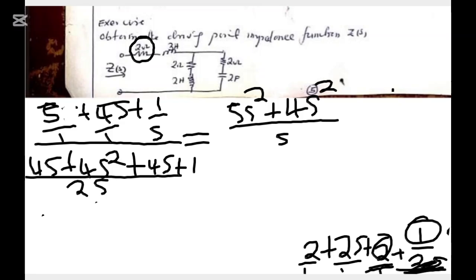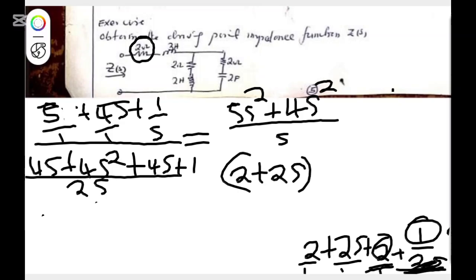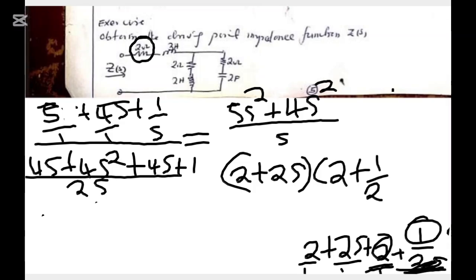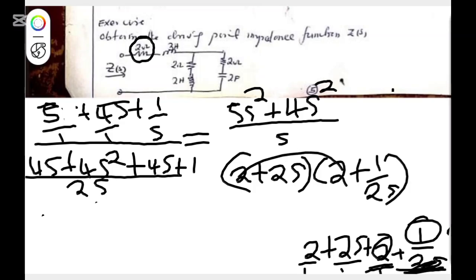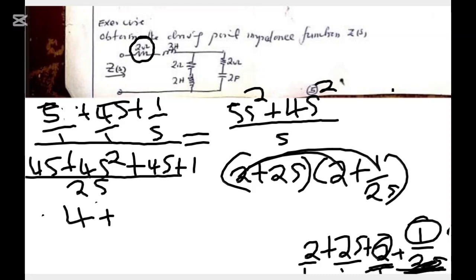Because don't forget, I said 2 plus 2s multiplied by 2 plus 1 over 2s. So this and this, I'll get 4. This and this, I'll get only plus 1 over s, and also plus this and this, I'll get 4s.